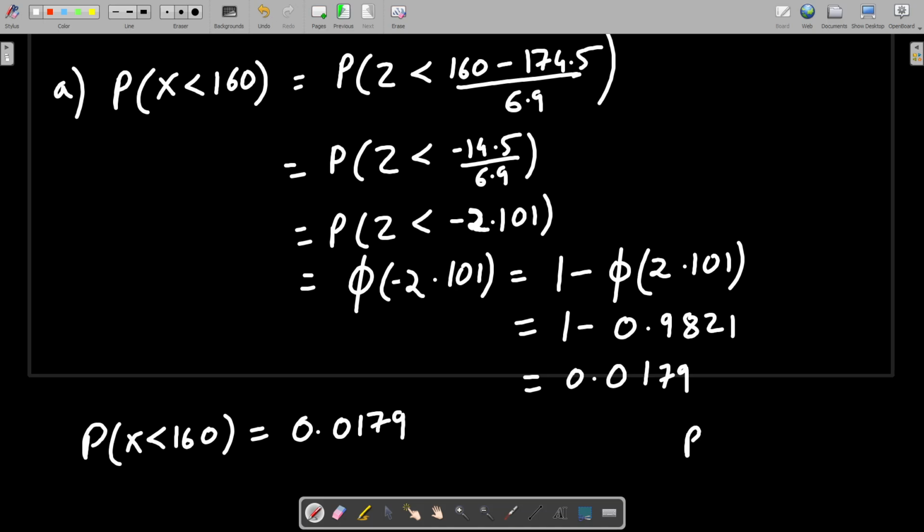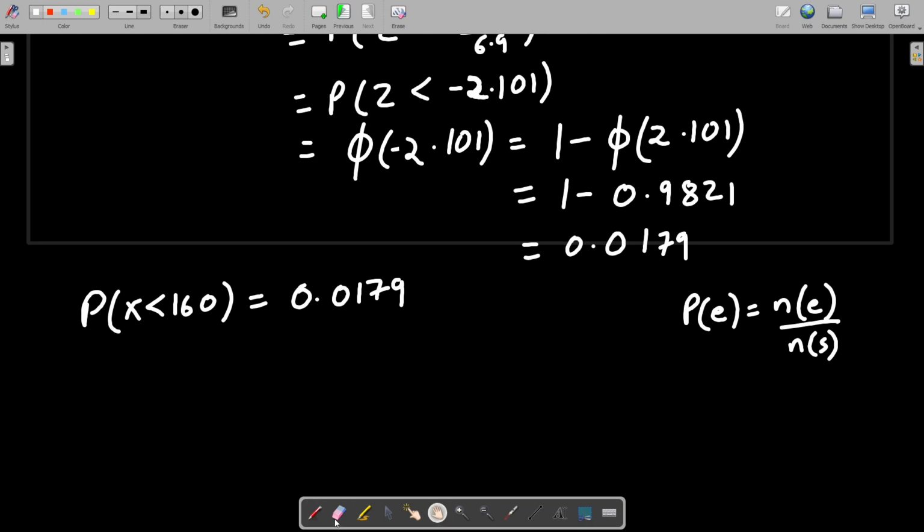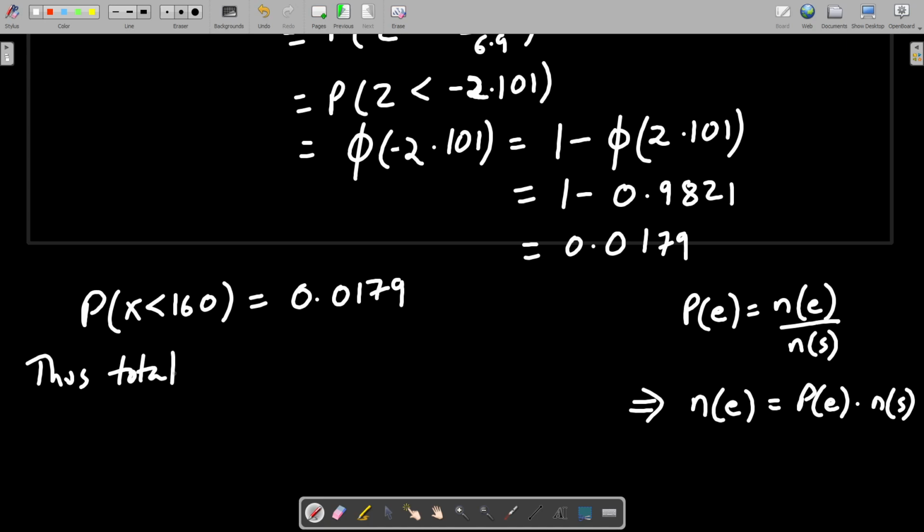So how do you define probability? By the way, probability of an event E is number of times E happens upon the total number of elements in the sample space. So how do you find this number of E now? This will imply that the number of people in this event E is equal to probability of E multiplied by the total number of people.